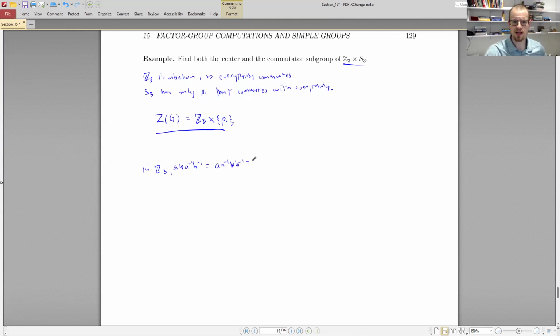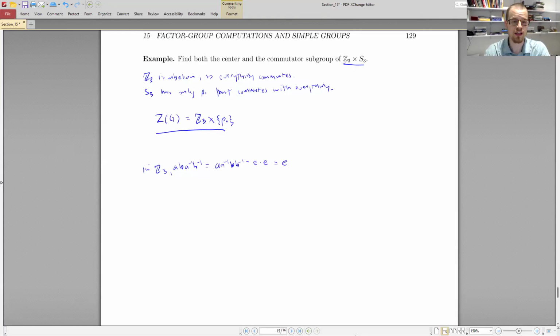is just the identity times the identity, which is the identity. Or I suppose we should use E here. I'm also using multiplicative notation for our binary operation here, which isn't quite right either. But the point is it's E. It commutes.